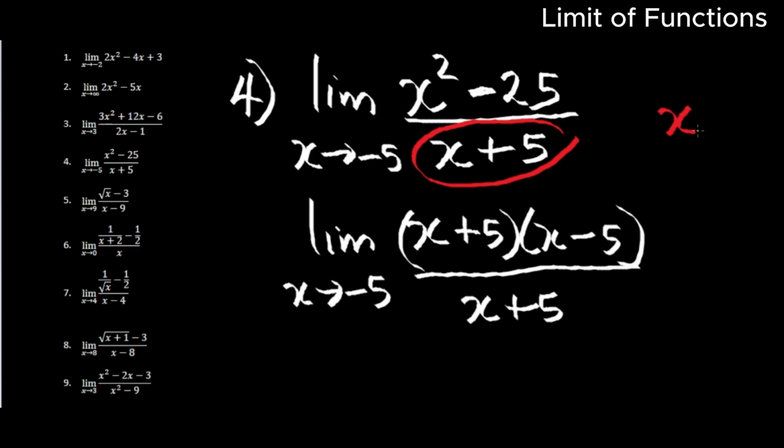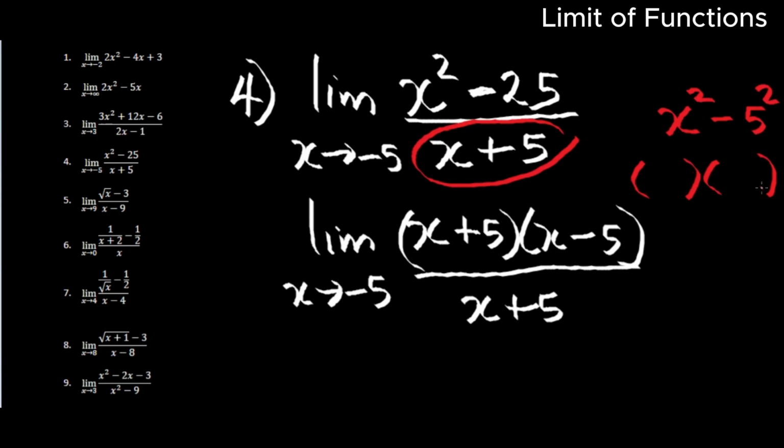For x squared minus 25 can be written as x squared minus 5 squared. This is what we call difference of two squares. So if you have a case like this, you open two brackets. One will be x minus 5, one will be x plus 5. So that is how I got the numerator.